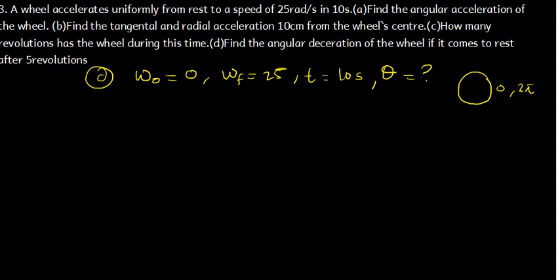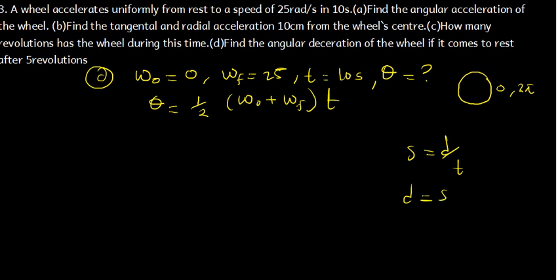So theta is actually given by half times omega initial plus omega final, and then times time. Because we know that speed is distance over time, so distance is equal to speed times time.